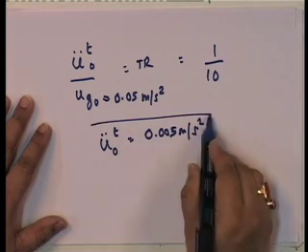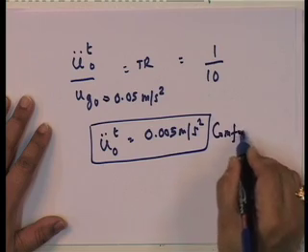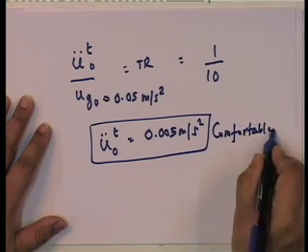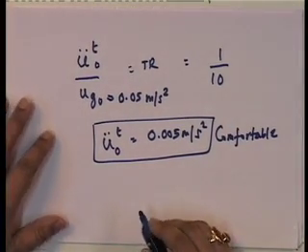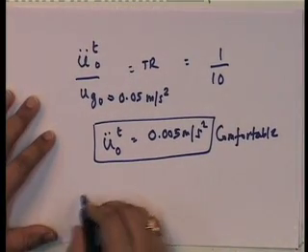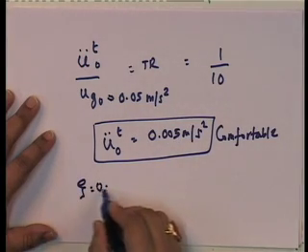That is the maximum that is comfortable. Automatically TR becomes 1 upon 10, and we go through the same steps. Note that if TR is 1 upon 10, xi has to be equal to 0.